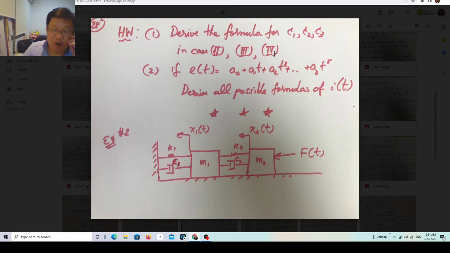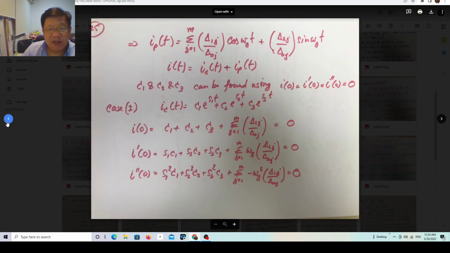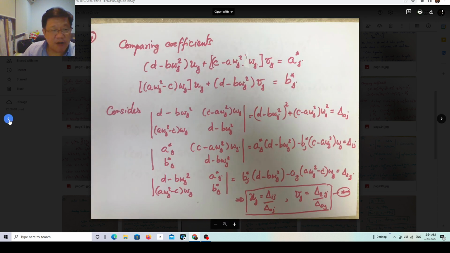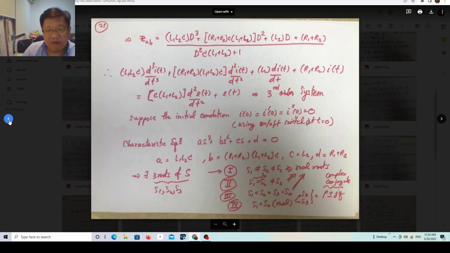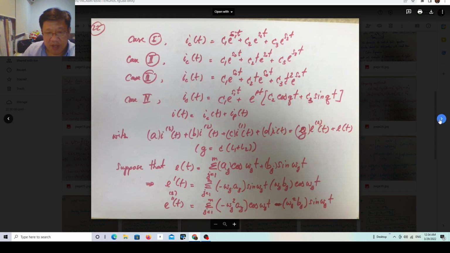And also going back, this is the first example we analyzed when your right hand side function is in the combination of sinusoidal form, right? Remember that we assume here that the function of E over T is in this form.